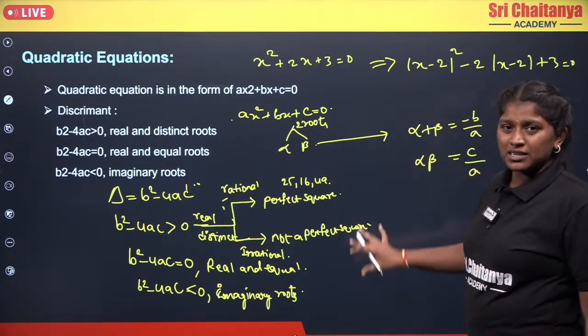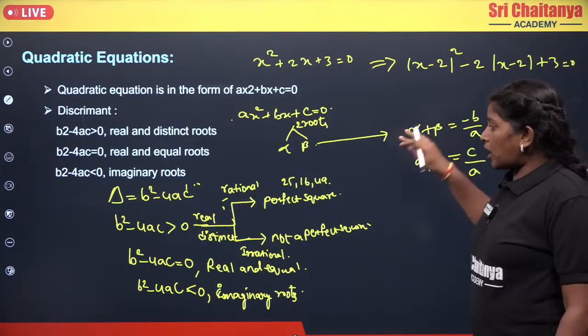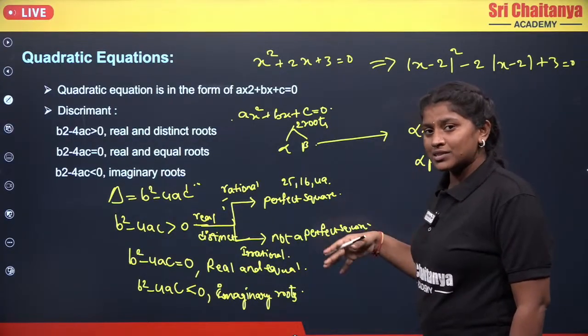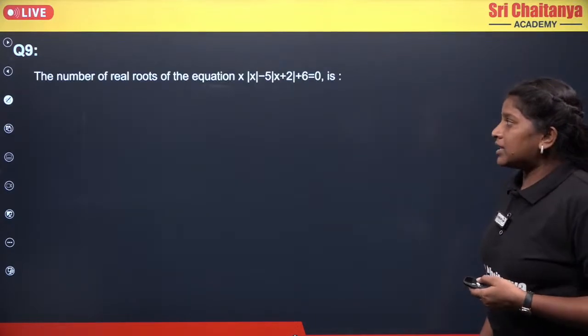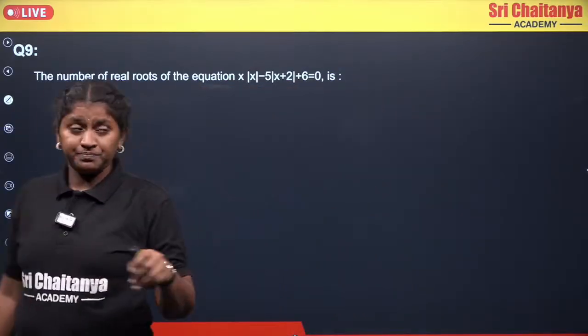These are all your basics that you have already studied in your grade 10, right? So now along with this, if you combine your modulus, you will be getting some of the questions in your grade 11. Clear? Now let's solve some questions with the help of both modulus and the quadratic equation.